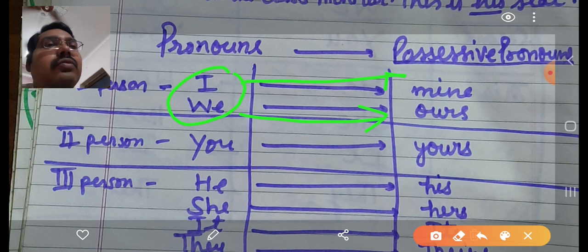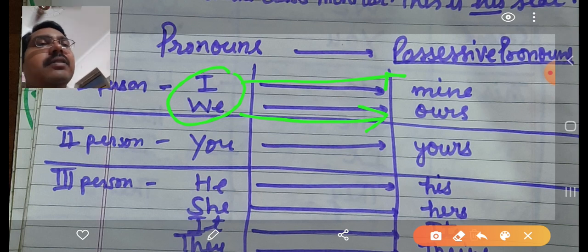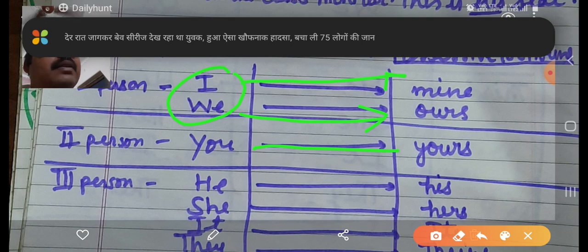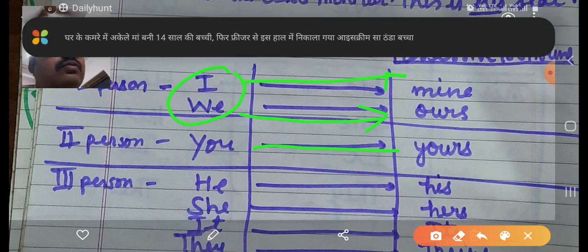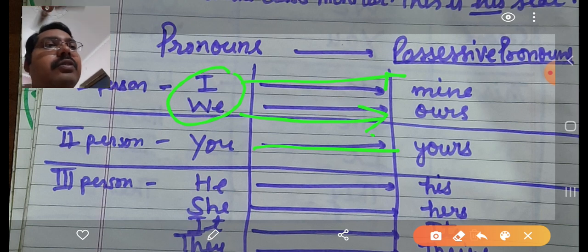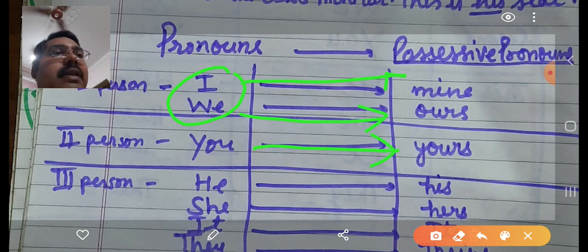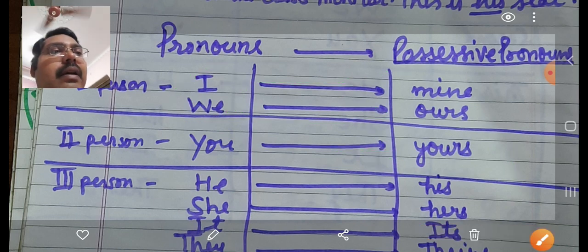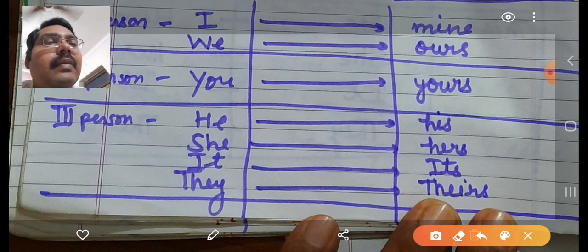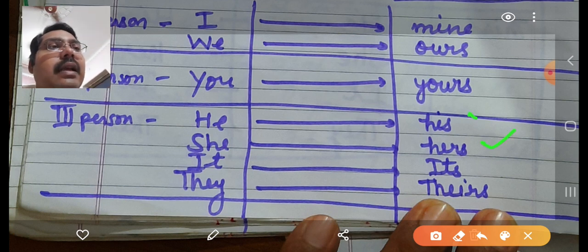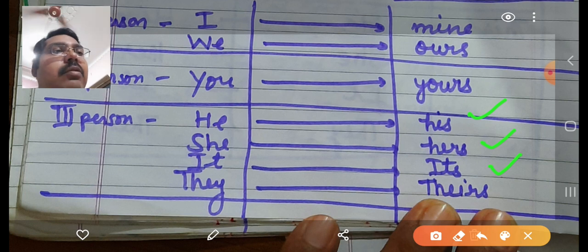You is the second person pronoun, and for you the possessive pronoun would be yours. For he the possessive pronoun would be his, and for she it is hers. For it, it will be its, and for they it will be theirs.